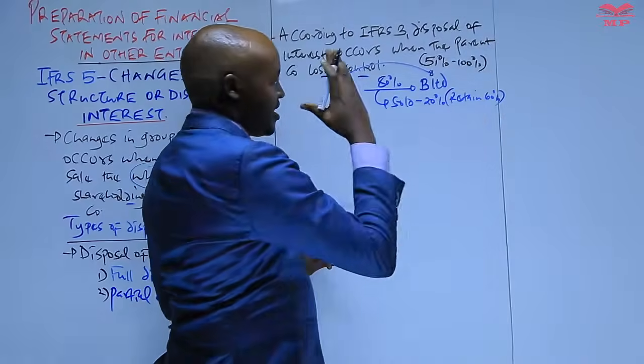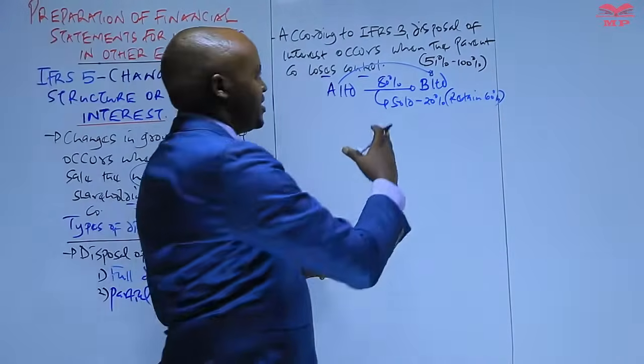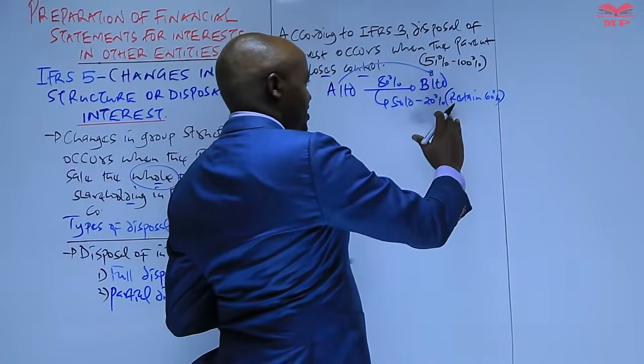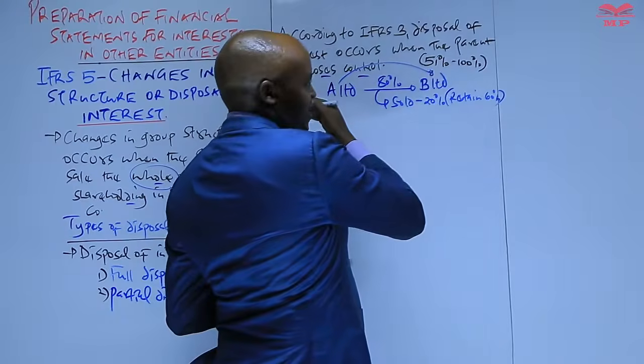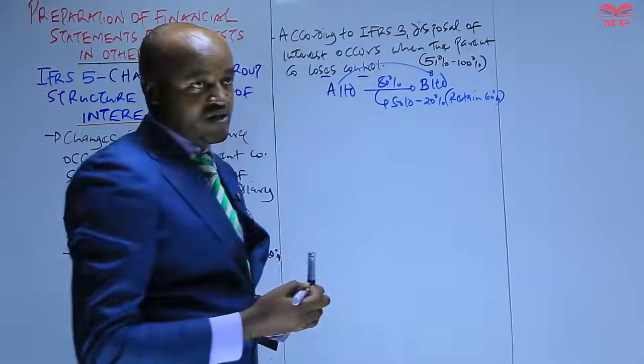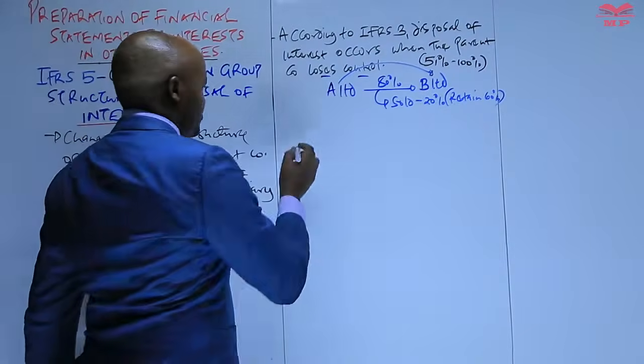But disposal in accordance with IFRS 3 occurs anytime the parent company loses control. It sells some of the shares and retains shares which are now less than 51%, from 50% to 0. In which case a gain or a loss on disposal should be determined.